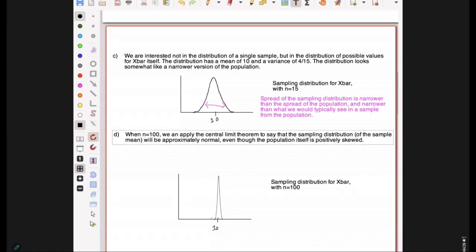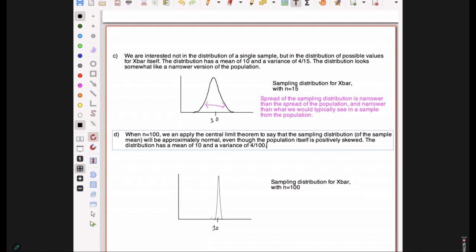And the distribution still has a mean of 10 and a variance, or sorry, the variance is different now. The variance is still 4 over n, but now that n is larger, it's going to be 4 over 100.